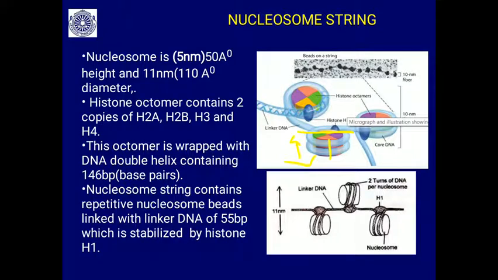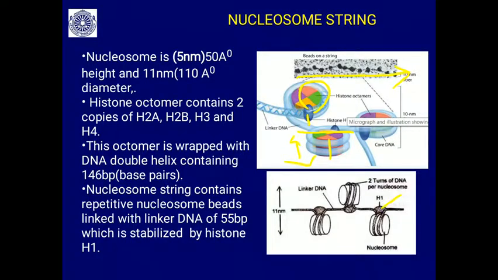The nucleosome string, as you can make out in the electron micrograph, contains repetitive nucleosome beads linked with linker DNA. This linker DNA with 55 base pairs is stabilized by histone 1, which does not take part in the nucleosome bead itself, but regulates the nucleosome structure.